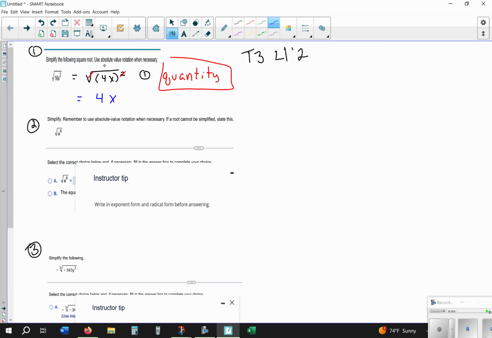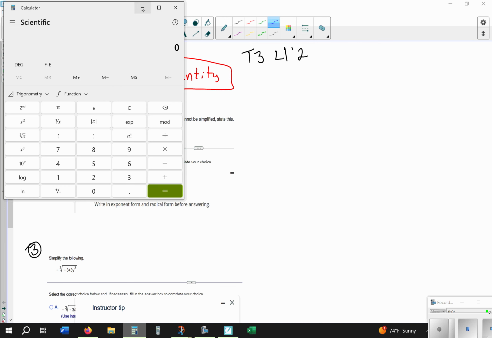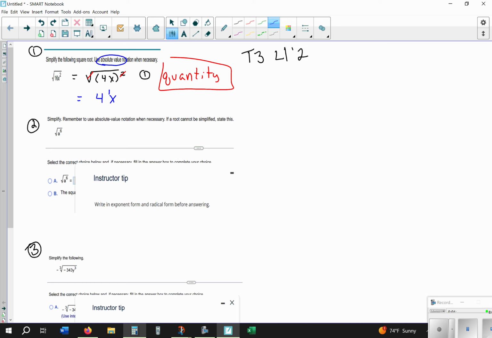It did say use absolute value as necessary, so this one would have needed the absolute value symbols around the x because of that.